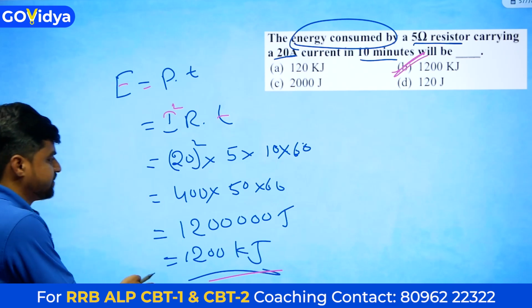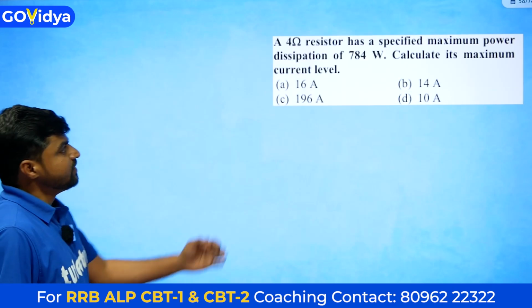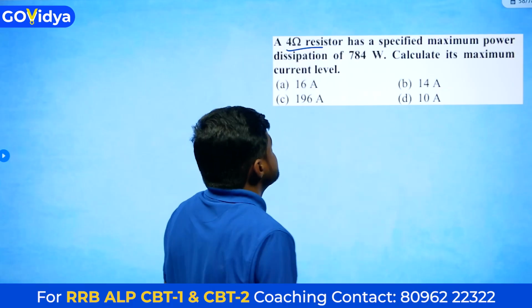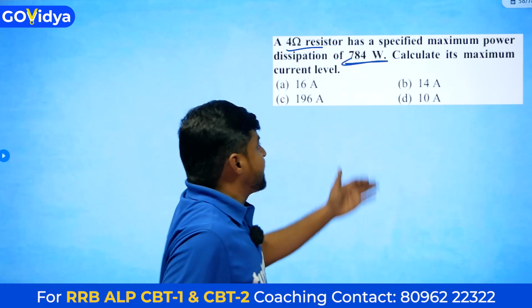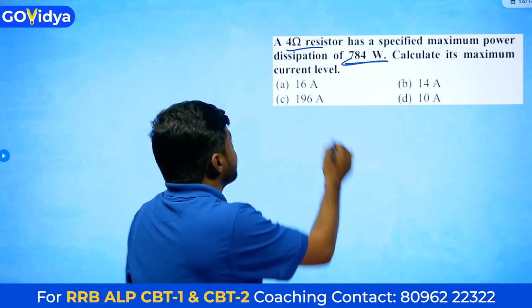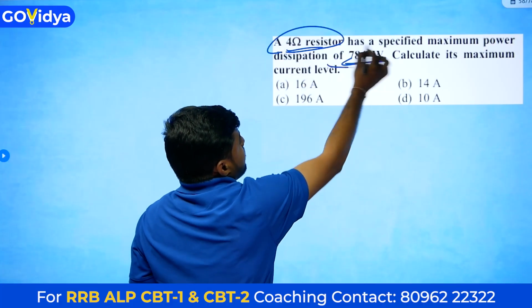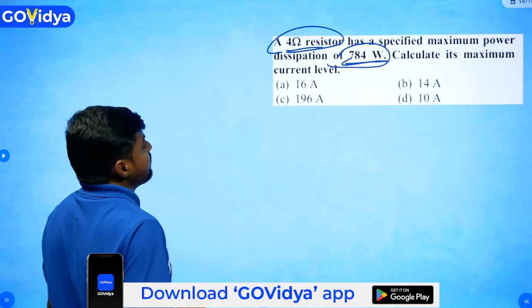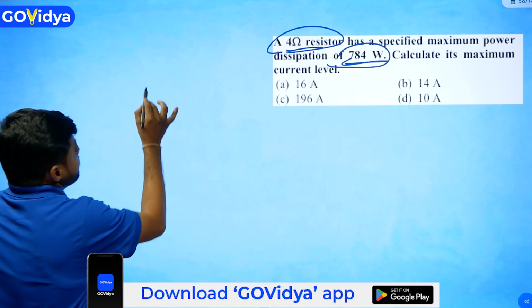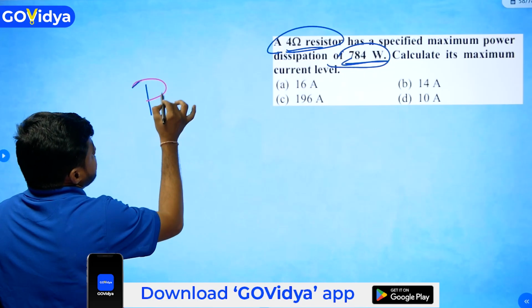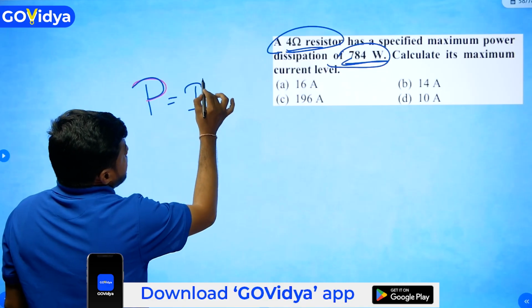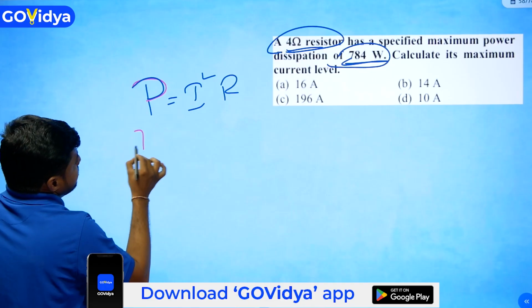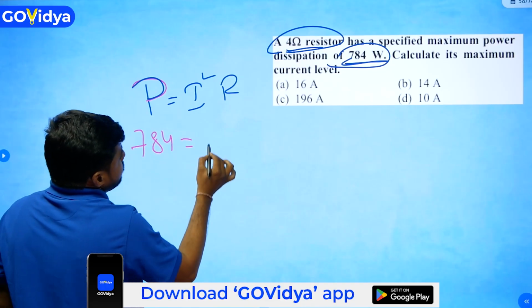Next question, a 4 ohm resistor has a specified maximum power dissipation of 784 watts. Calculate its maximum current. Resistance value is given and power value is given. We have to find current. We know the relationship between power, current and resistance: power P is equal to I square R. P is 784, R is 4, I value we have to find.